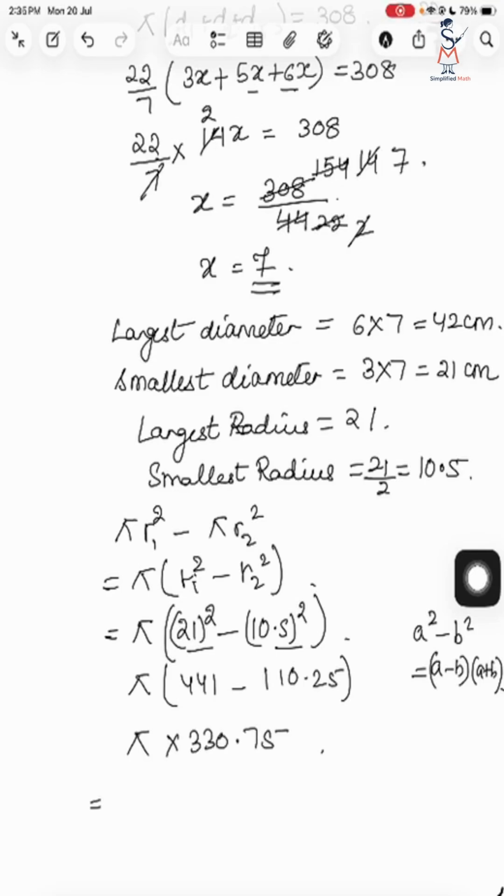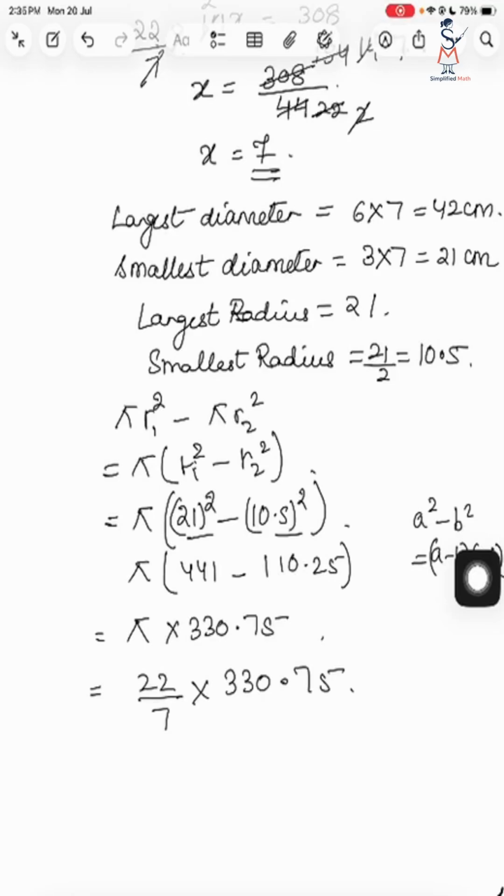Now pi is 22 by 7 into 330.75. Fine. So when you cut and divide, what you will get is 1039.5 centimeter squared. That is the difference between the areas of the smaller circle and the largest circle. You can cut 330.75 by 7, or just multiply by 22 and then divide by 7. What you will get is 1039.5.